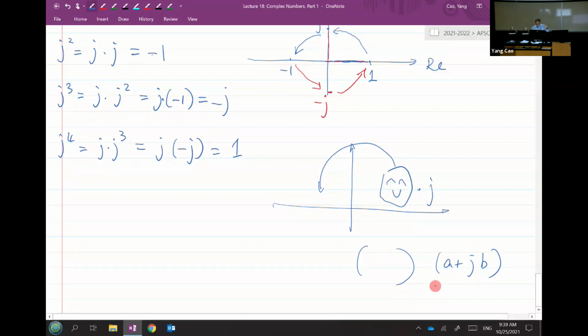When you multiply with a general complex number like a plus jb, and consider this is some sort of graph right here, it does rotation and scaling at the same time. The graph rotates and also probably becomes smaller or bigger, around the origin, yes.